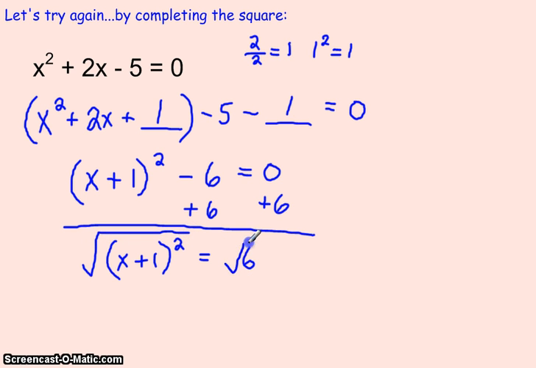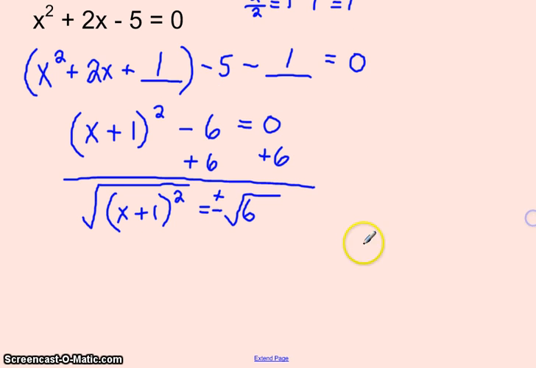Now here's the one kind of weird thing that you got to remember to do, is that when you take the square root of the number over here, it becomes a plus or minus. It could be positive square root of 6 or negative square root of 6. Alright, so this undid the square, so we're left with just x plus 1 equals plus or minus, I'm sorry, plus or minus square root of 6.